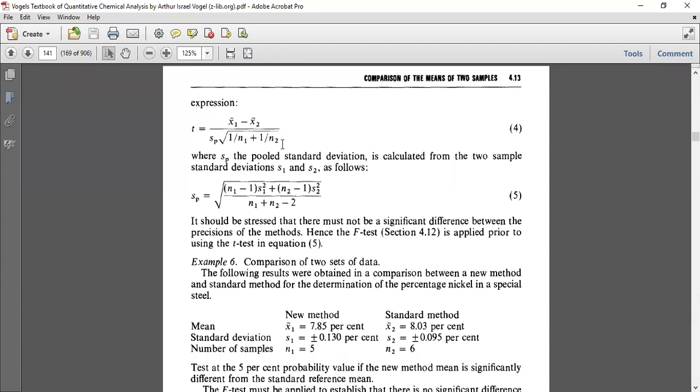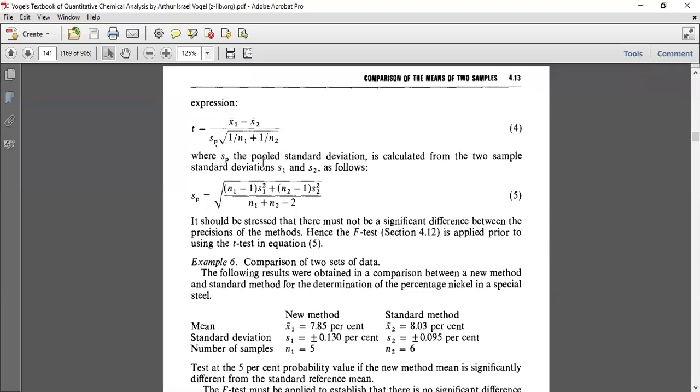This formula we have to again note down. T is equal to x1 bar, the first method mean, minus x2 bar, divided by the pooled standard deviation. See here the small subscript p is given, SP.